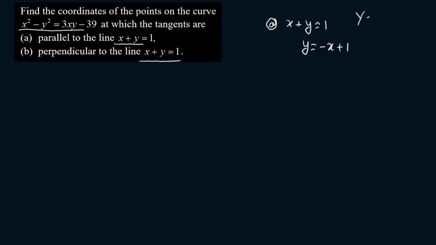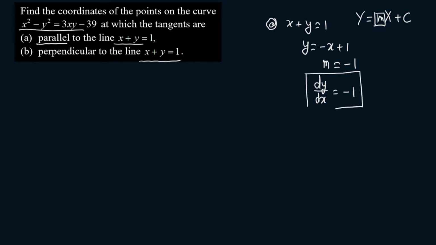That is a straight line equation, which we know is mx plus c, and this m is the gradient. Accordingly we can write here the gradient as minus 1. Since it is parallel, this minus 1 is actually equal to the dy by dx of the curve. That is our main target: to find dy by dx.